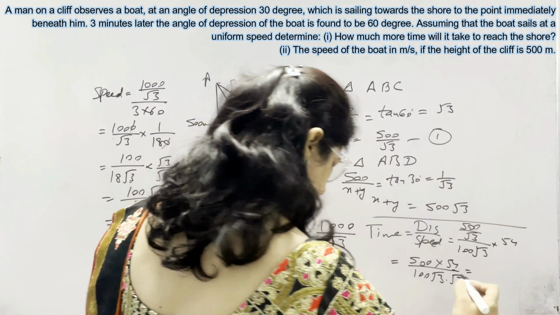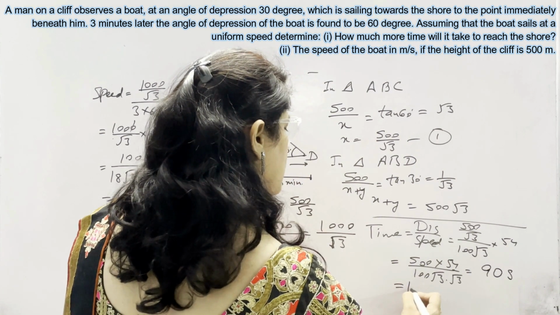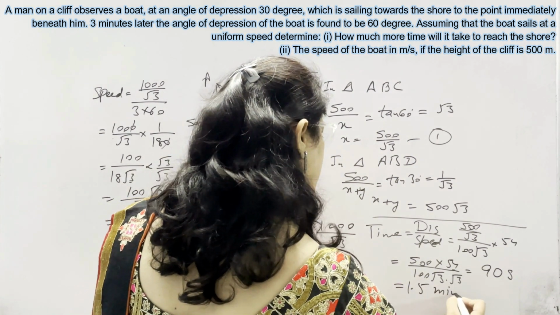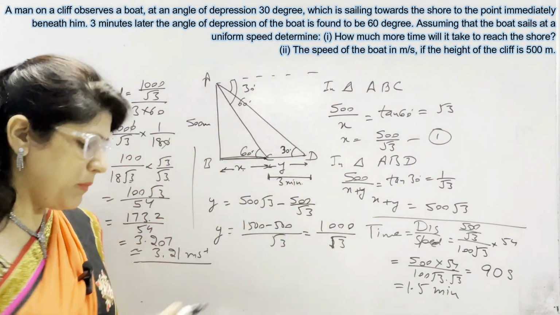It means 3. So value comes out to be complete 90 seconds and 90 seconds is equal to 1.5 minute is the time taken to reach this boat from C point to B point.